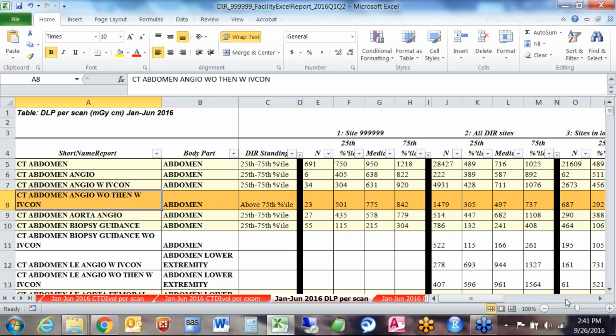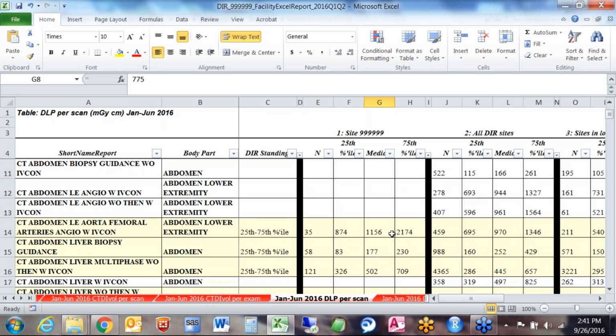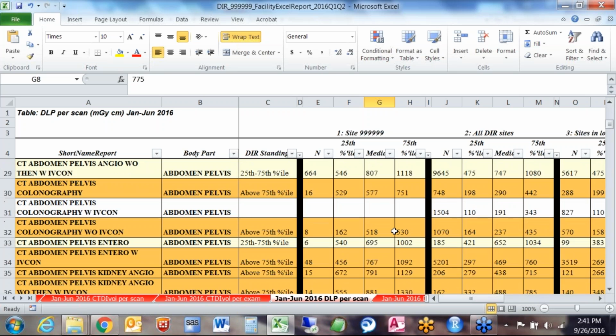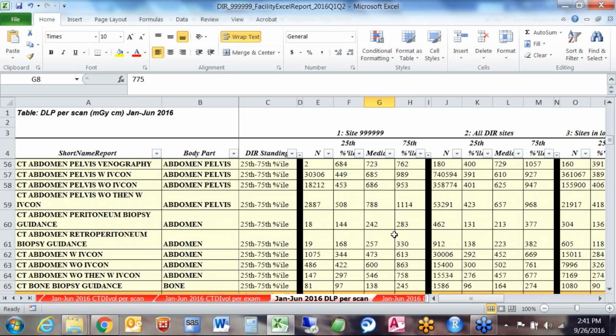That's why this one is highlighted in orange.